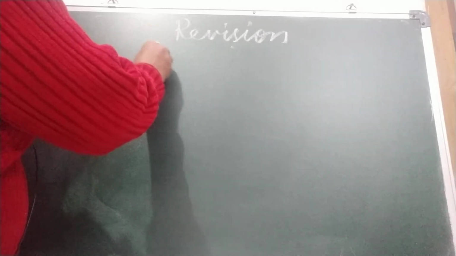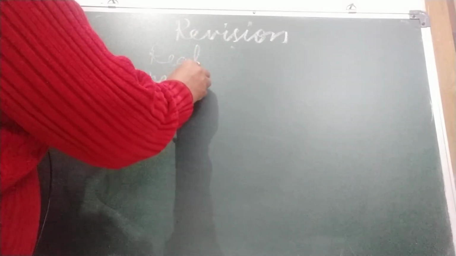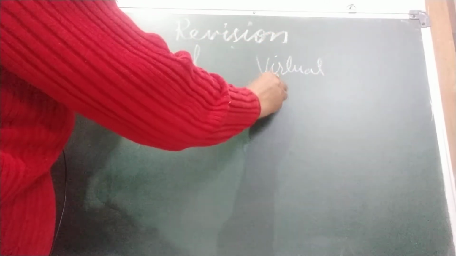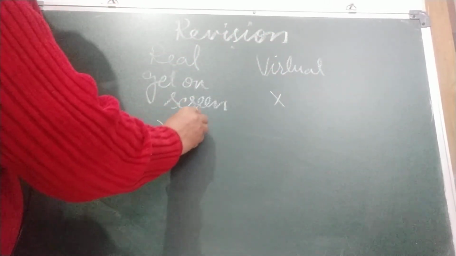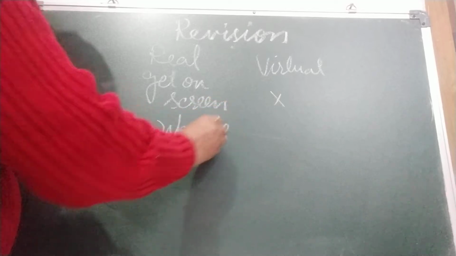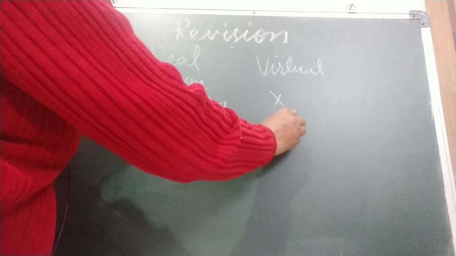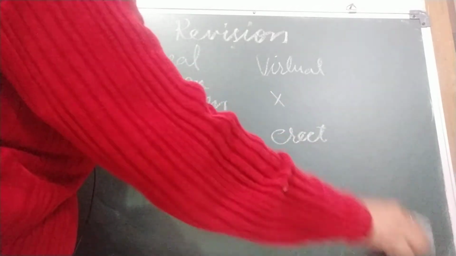Real image, as I told you, we get on a screen, and virtual we cannot get. Real image is always upside down, and virtual is always erect, straight image. Okay, so these are the two differences between real and virtual.